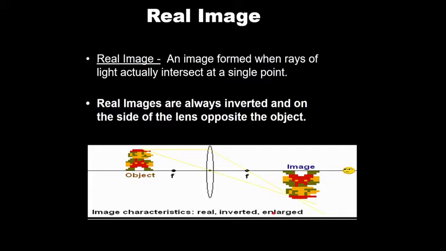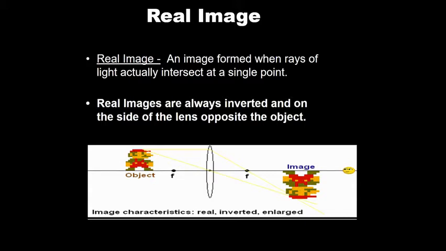When you're actually drawing these, it can be difficult to get that to cross right where you want it to. But the closer you get to the crosshairs, right where the plane of the lens meets the principal axis, the more accurate your diagram will be, and you will be calculating percent error.